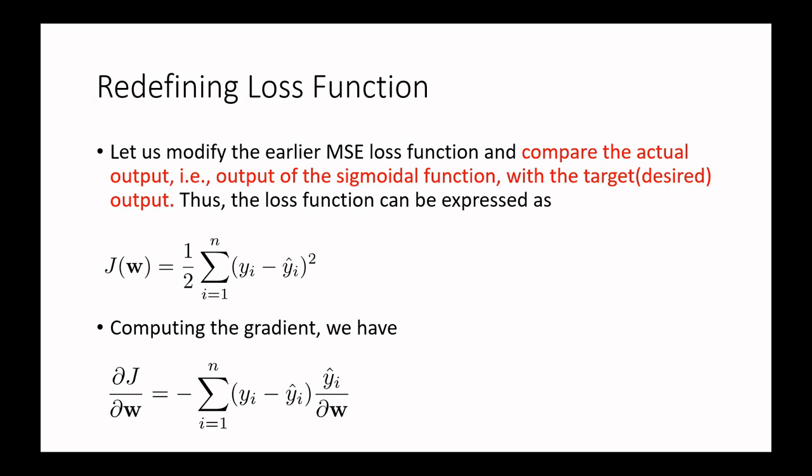And when you take a large step from the other side, you might jump back. So you might never go to the actual minimum, or you might take a lot of time to reach the actual minimum. So depending upon what learning rate you have, you might converge very fast. You might converge very slow.